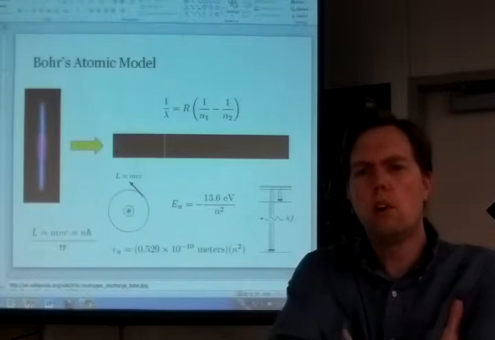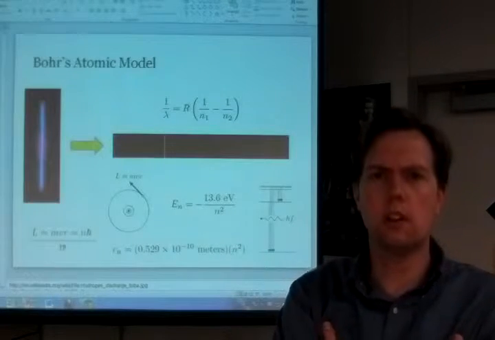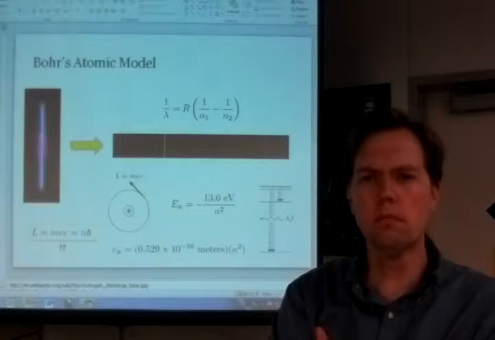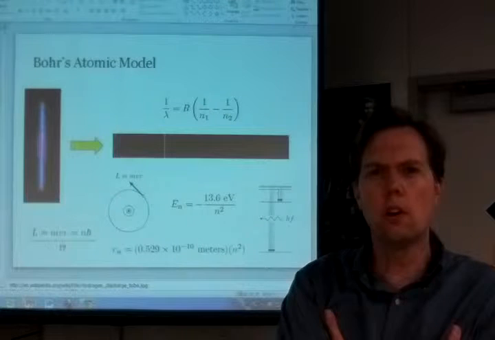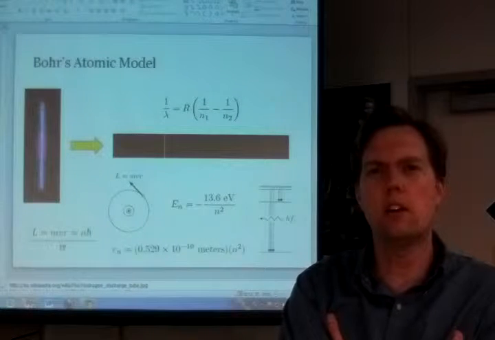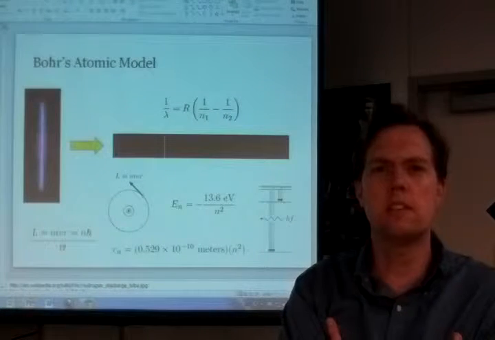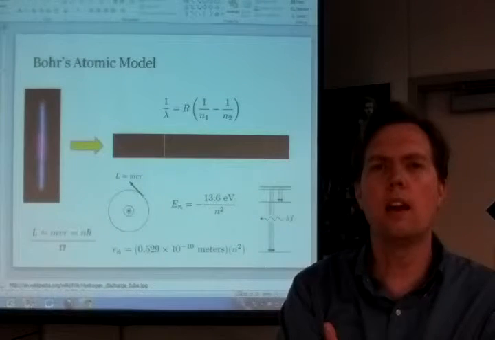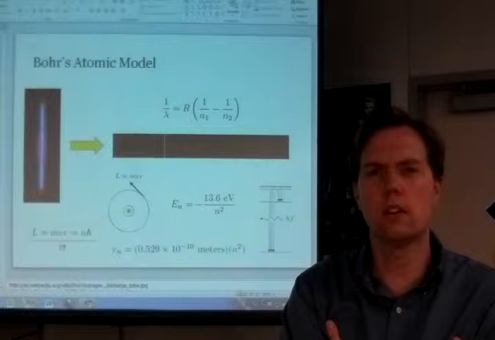So, when Rutherford first discovered the nucleus via scattering experiments, the basic idea was that it's a lot like the solar system. In the center, you've got a nucleus, which is represented by the sun, and around it are spinning electrons.